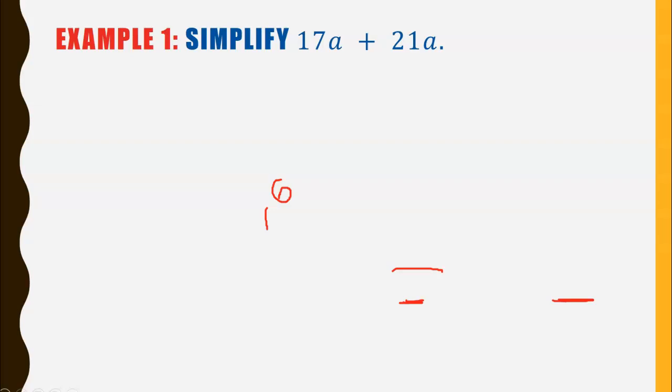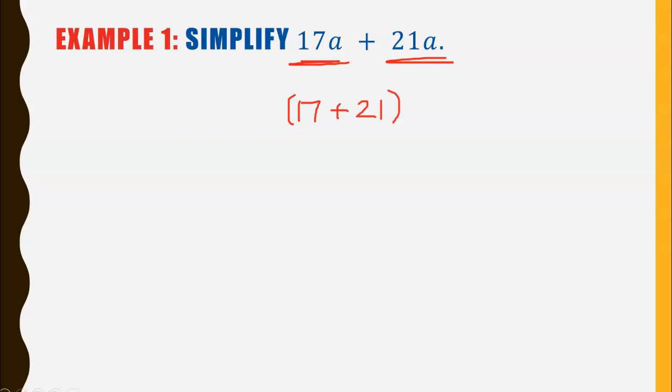So let's combine like terms. I don't know why those numbers aren't going away. 17A and 21A both have a variable A. So we can add the coefficients together. So that's the same as saying 17 plus 21A.